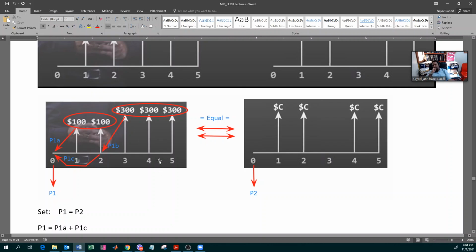Now remember, can I just ask you, what is the condition for an annuity? There are two conditions whenever we talk about annuities. What is condition number one? Anyone? Let's see if somebody wants to put something into the chat box.